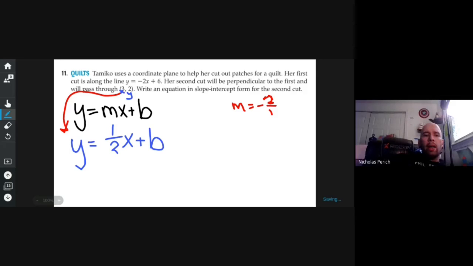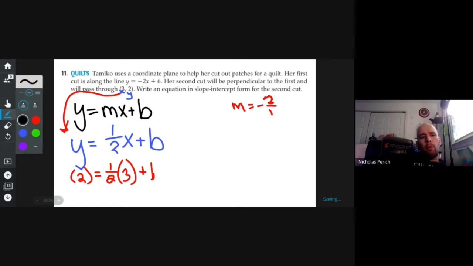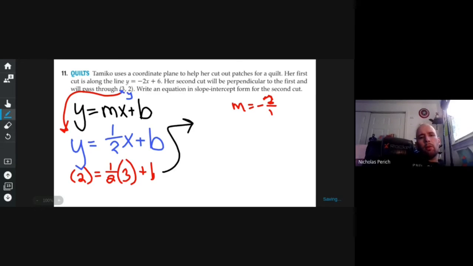So y is going to become 2, and x is going to become 3. So I'm going to do 1/2 times 3. And I'm going to subtract 3 halves.